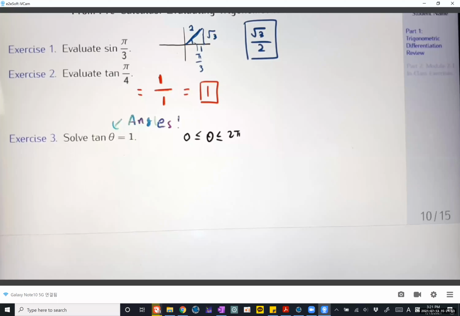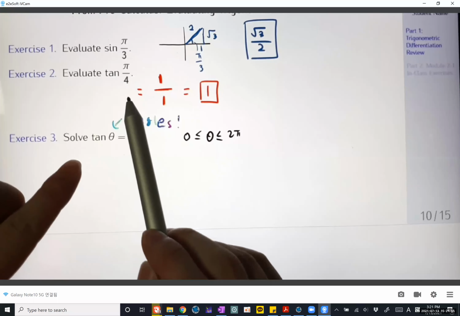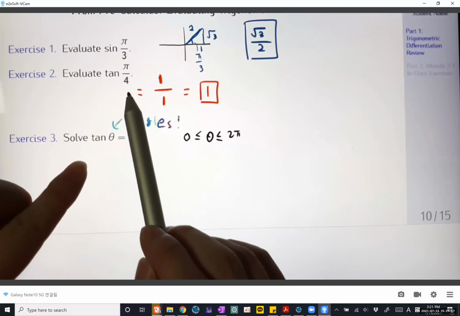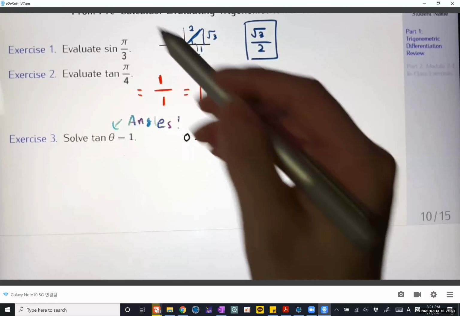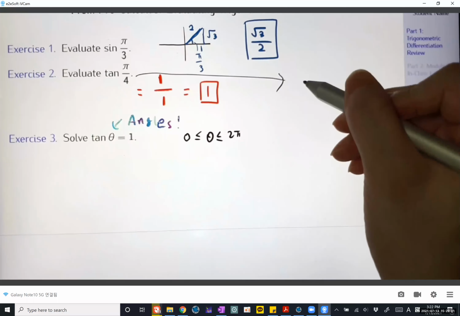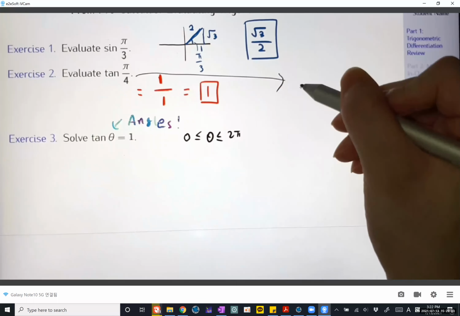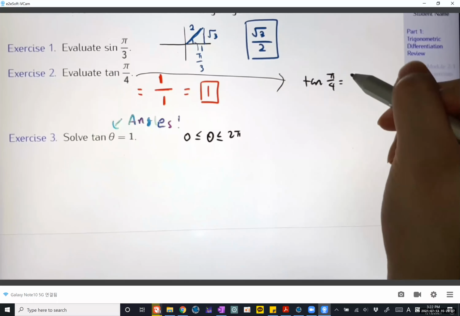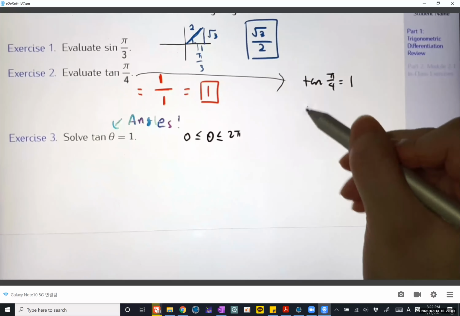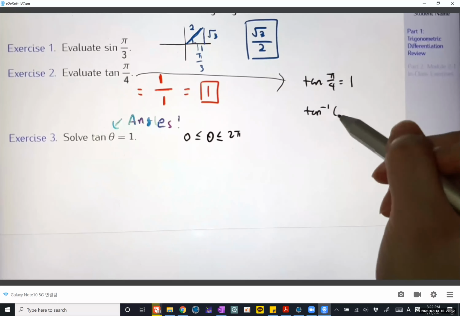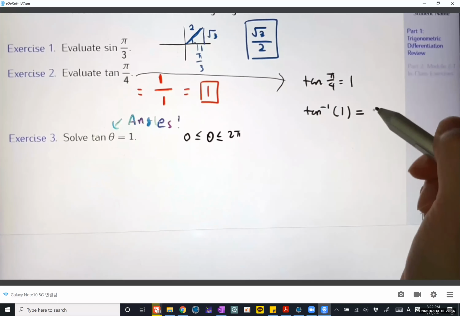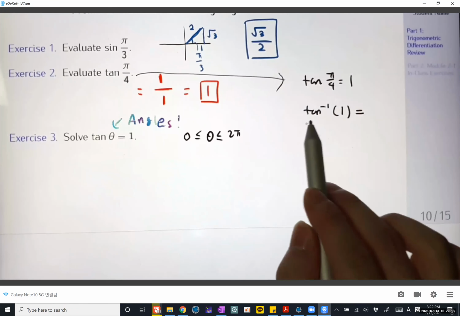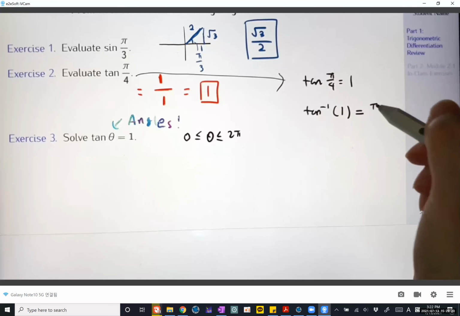So what Ishika is saying is, because we know tangent of pi over 4 equals 1, can we just do the inverse tangent of 1? Inverse is a better word. Inverse tangent of 1 is equal to pi over 4.